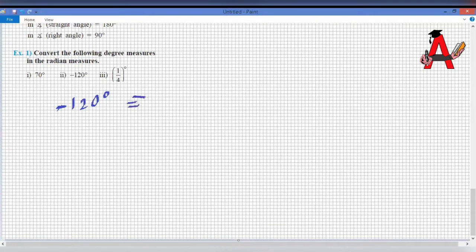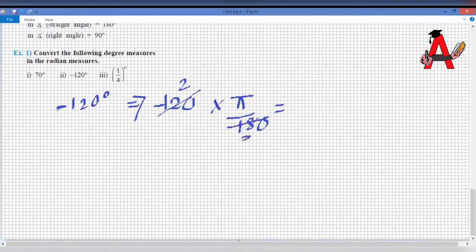If I convert that angle, minus 120, I told you to multiply by pi upon 180. Here 60 times 2 is 120, and 60 times 3 is 180. This will be minus 2 pi upon 3 radians. This is how you convert degrees into radians.